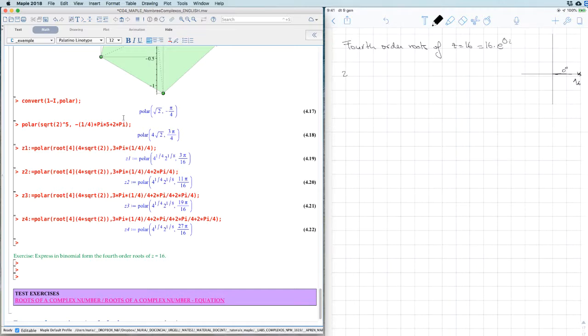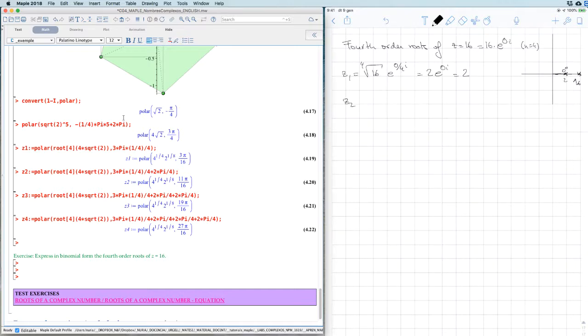Okay, so z1 is going to have the fourth order root, because n is equal to 4, of 16, and the first argument divided by 4. So we have 2e^(0i), which is 2.